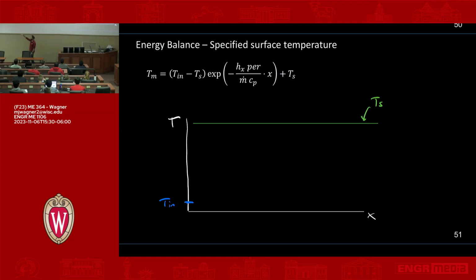And eventually we converge to Ts, right? Eventually, when x is big enough, that whole first term goes away, and we converge to Ts. So you can imagine what this is going to look like. You start at the left, and on an exponential curve, you converge to Ts like this. So this is now my mean fluid temperature Tm.